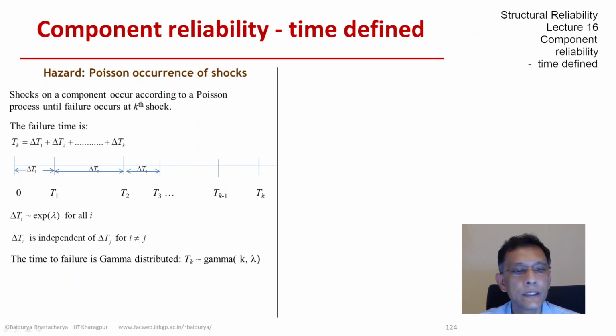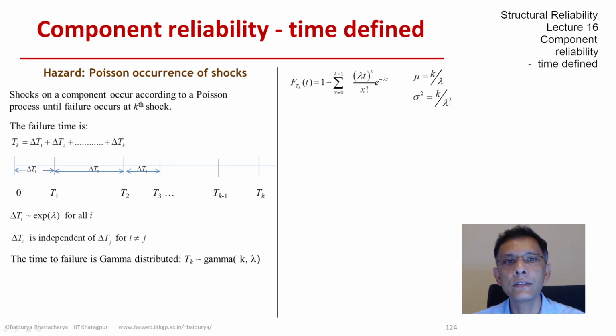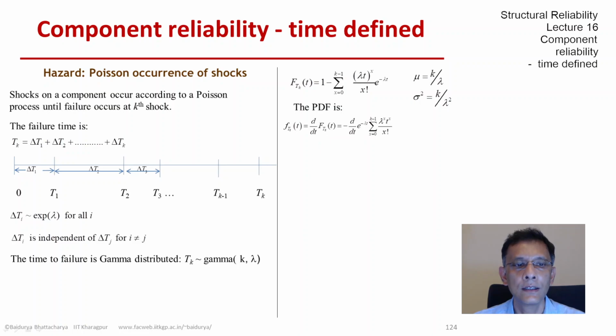So let's proceed step by step. This is the CDF of T k, which we derived already in a previous lecture, and I have listed the mean and variance for convenience. So now let's derive the PDF of this random variable T k. The PDF is the derivative of the CDF. Now we have to proceed a little carefully because k terms are involved in the summation.